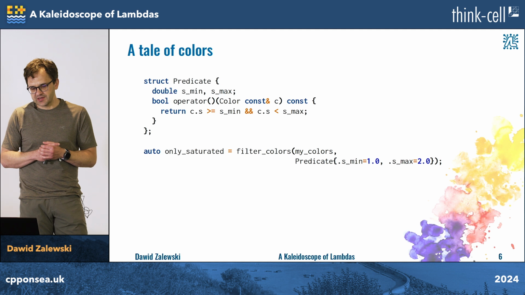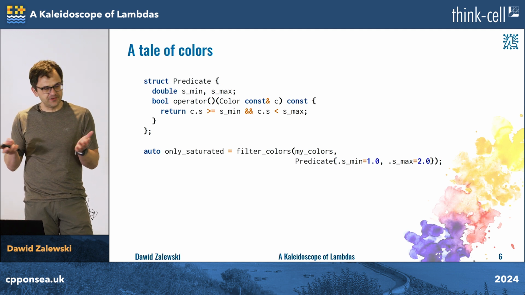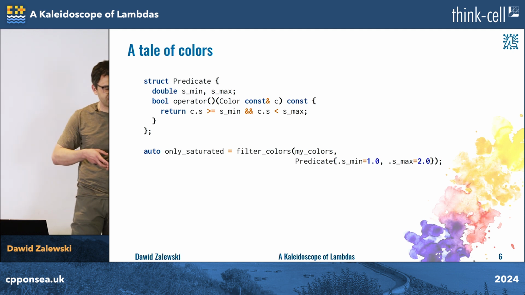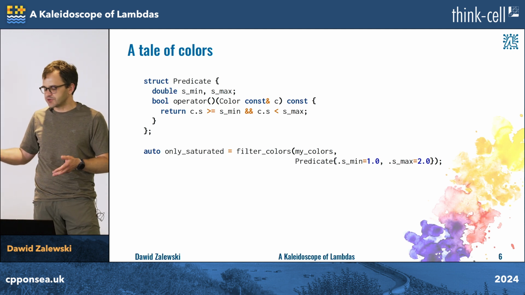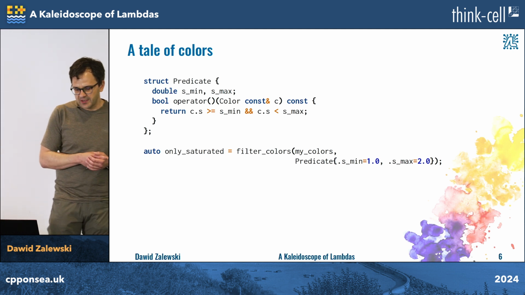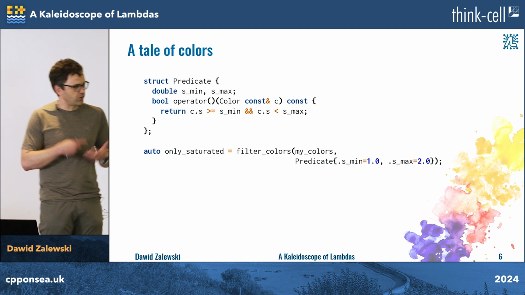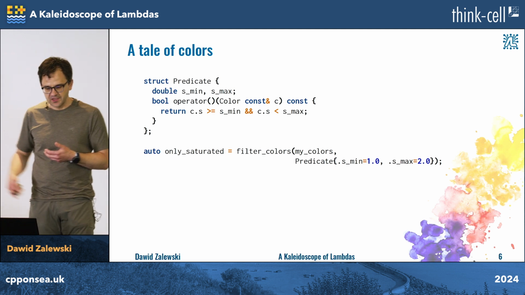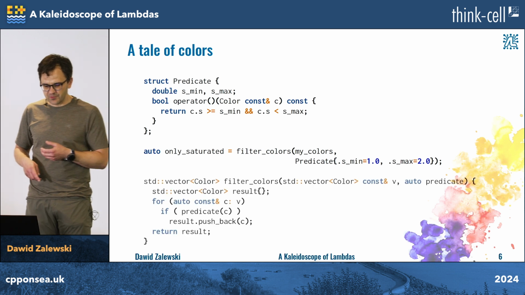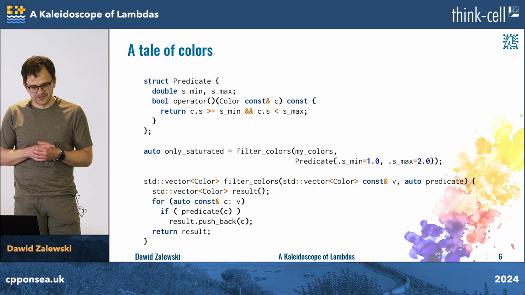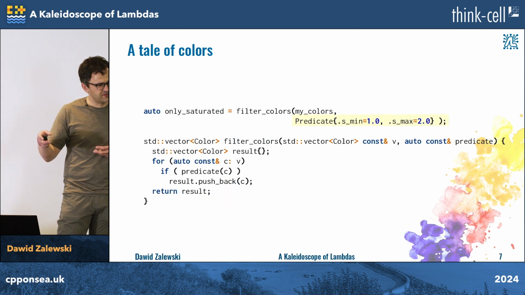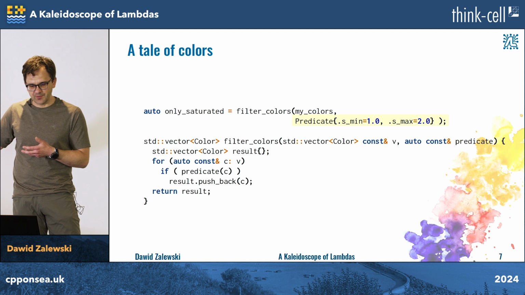We can put in a predicate or whatever function, actually, whatever it is. It can be something that manipulates an object. It doesn't have to just return true or false. But in this case, since we are filtering a collection of colors, we are using a predicate. And we can build all kinds of functionality into this predicate, making our code super generic. And from writing such a function that uses a predicate, which is a function object, when you already have this, it's only one step to a lambda expression.